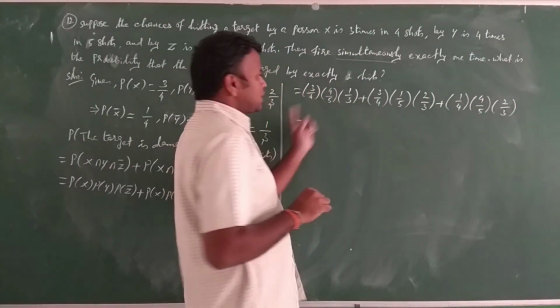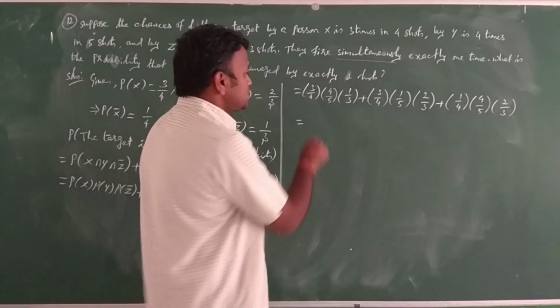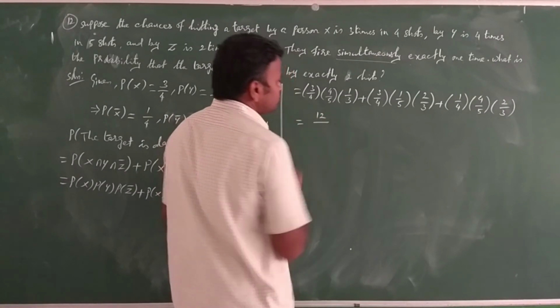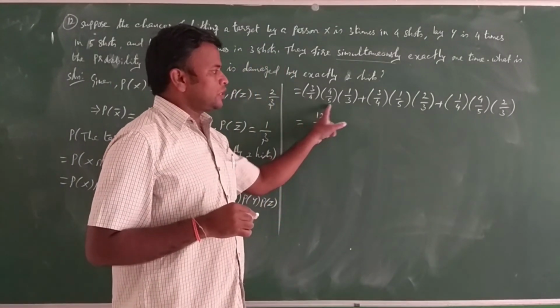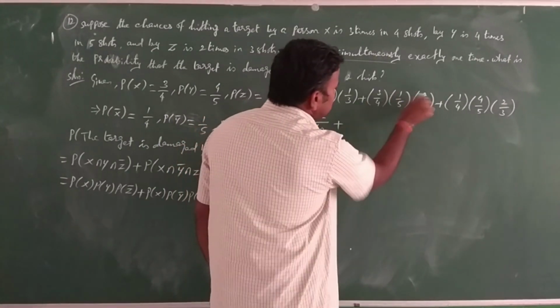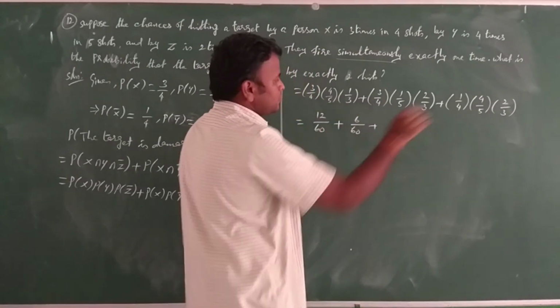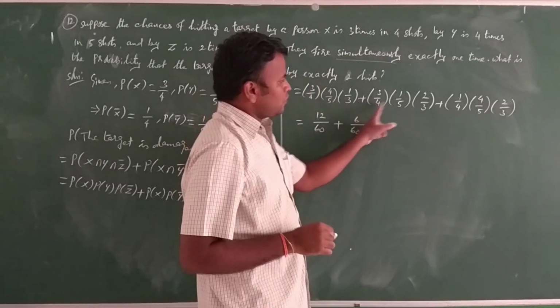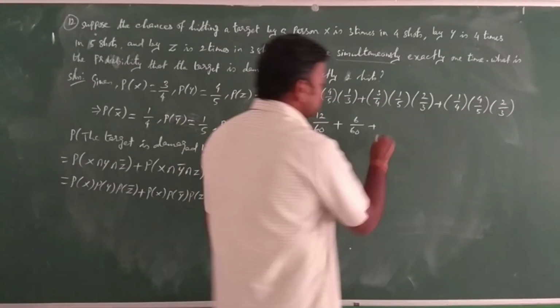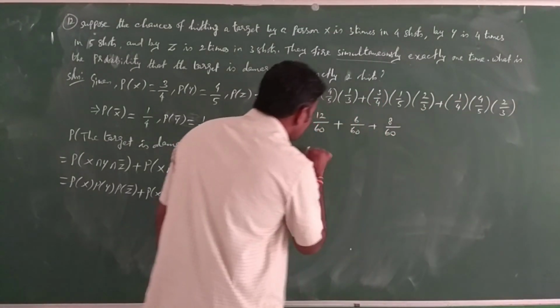Here also sometimes cancelling is a chance, but taking the LCM is an easy process. So 12 over 60, 4 5s are 20, 20 3s are 60, plus 6/60. You see the denominators are the same, 4 5 3, 4 5 3, 4 5 3, plus 8/60.